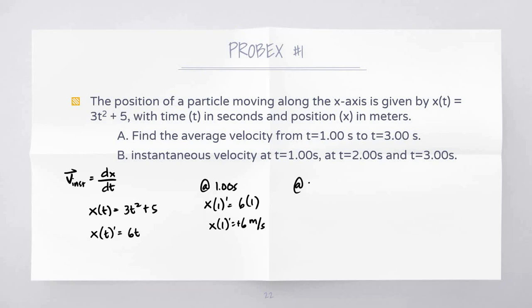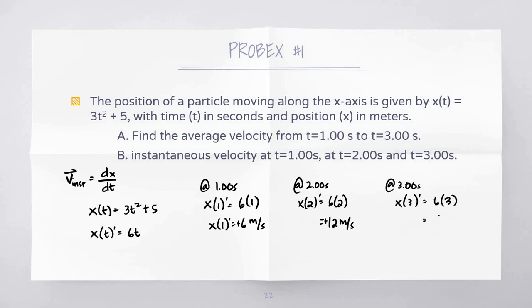Alright, at 2 seconds, just substitute 2 inside. So x of 2 prime is 6 times 2. So this gives us a value of 12 meters per second. Again, positive 12 meters per second. And at 3 seconds, this is x of 3 prime, which is equal to 6 times 3.